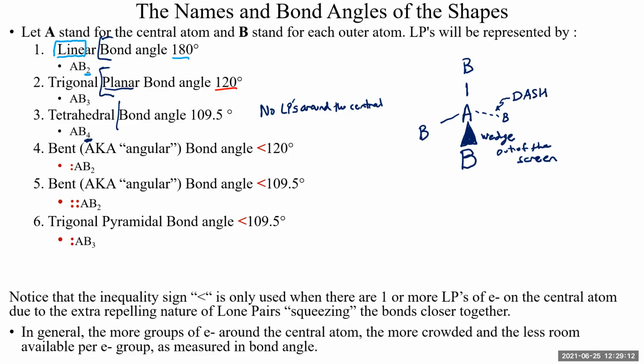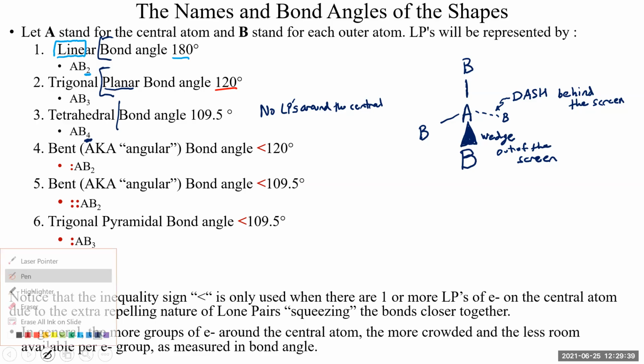A dashed line represents the atom behind the screen. So it's going backwards to the back of the screen. The regular lines here simply represent bonds, or the atoms are in the plane of the screen. So here we have the picture of a tetrahedral molecular geometry.